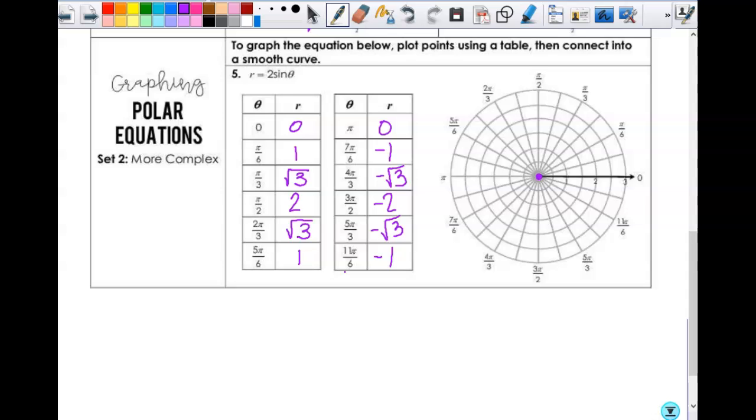All right, so when the radius is 1, I'm at pi over 6. When I'm at pi over 3, the radius is square root of 3. Which is not necessarily a number that you know, but there are two values that come up over and over again in the trig functions, and that's square root of 2 over 2 and square root of 3 over 2.